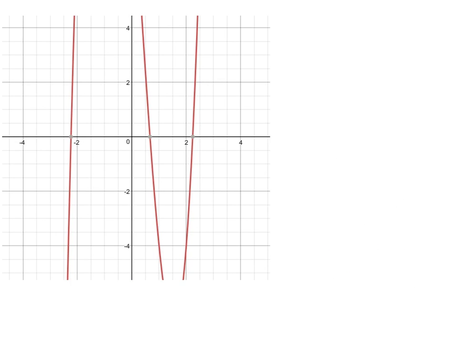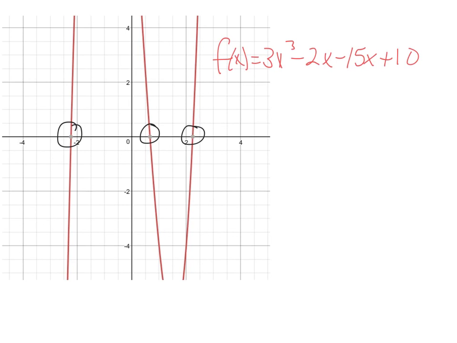This is the graph of f of x is equal to 3x cubed minus 2x squared minus 15x plus 10 that we're talking about. And we can see that there are 3 real roots for this graph. There's a root that's approximately, it's between negative, let's see, so this is 1, and this is negative 1.